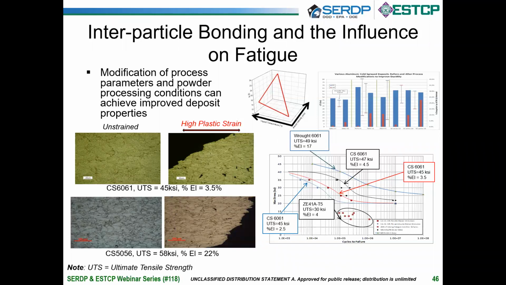And we can see that a deposit that had 2.5% elongation, versus a sample that had 3.5% elongation and then 4.5% elongation, had progressively increasing fatigue performance, approaching wrought material, which is out here. So these defects not only affect the ductility of the material, but they also affect the fatigue performance of the material.